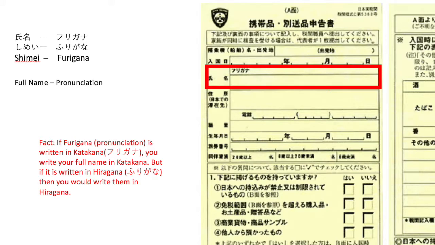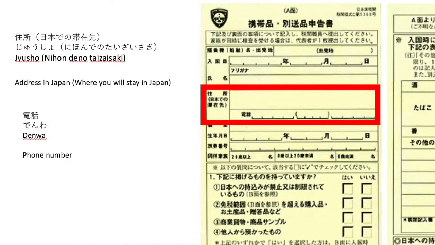And an interesting fact is if the furigana is written in katakana, like it is here, you write your full name in katakana as well. But if this is written in hiragana, then you would write them in hiragana.